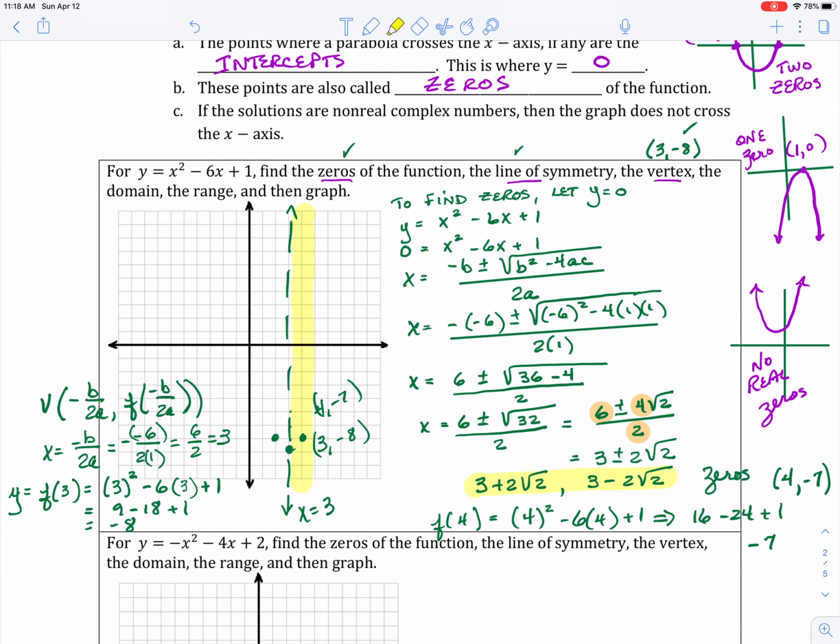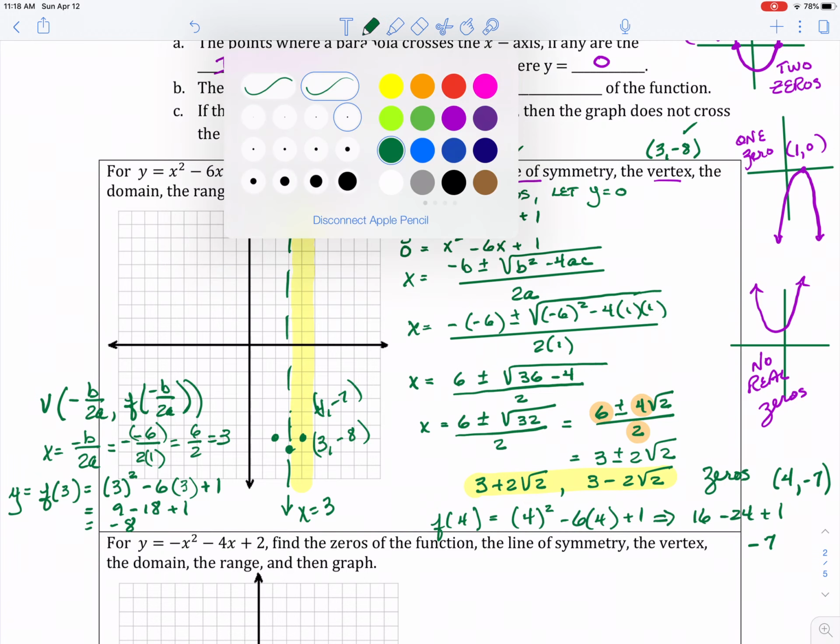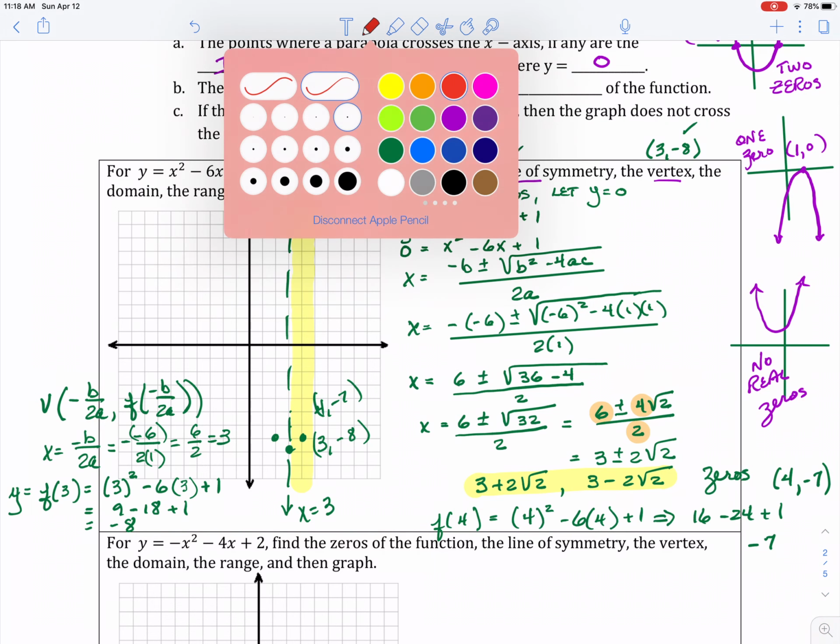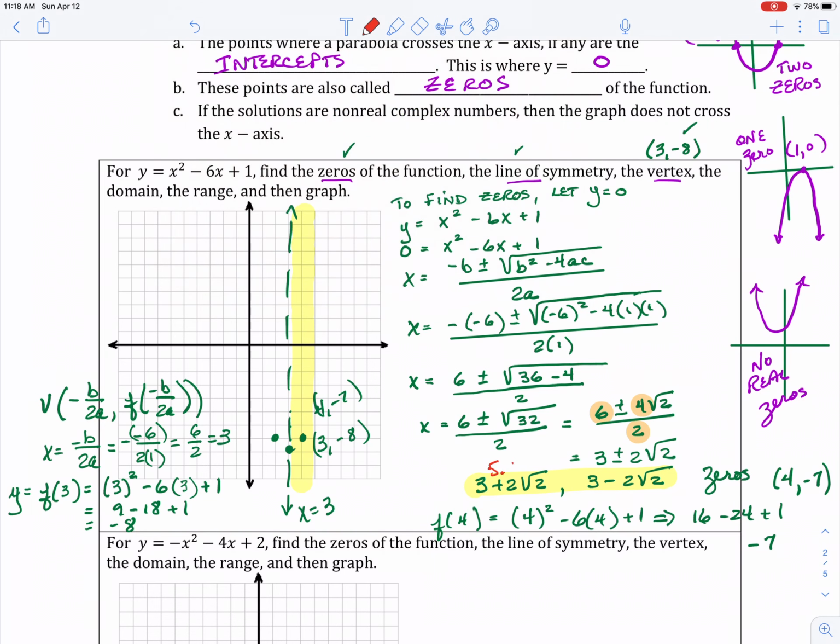And I'm coming up with about 5.8, approximately. And let me type the other one, and the other one has a minus in there. And for that one, I'm coming up with about 0.2. All right, so 0.2 is right about there.